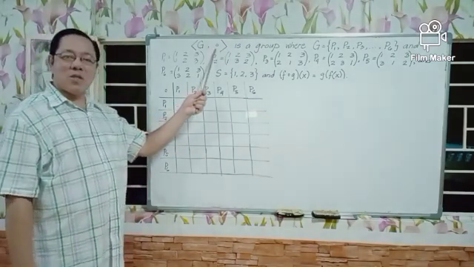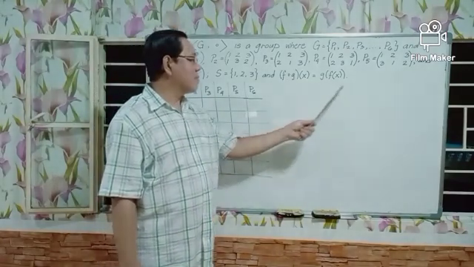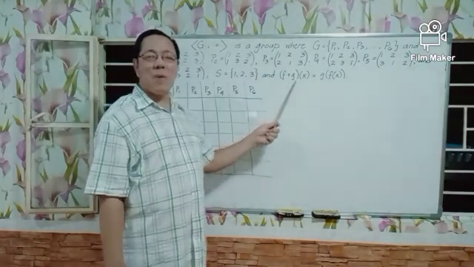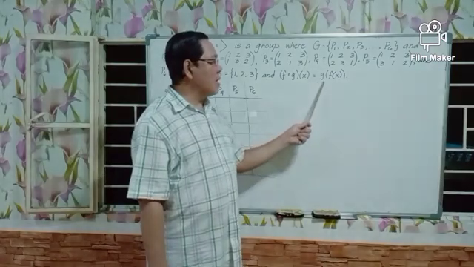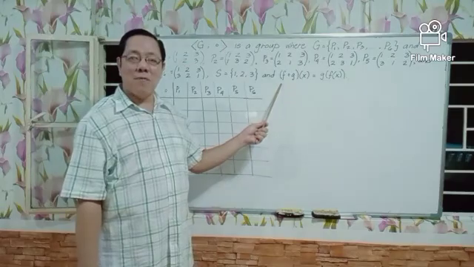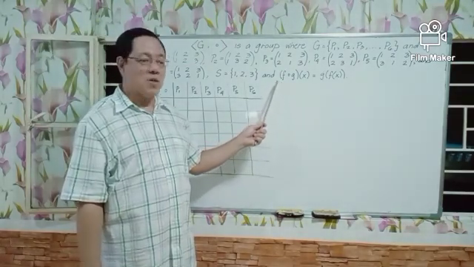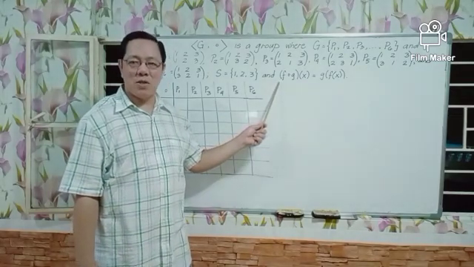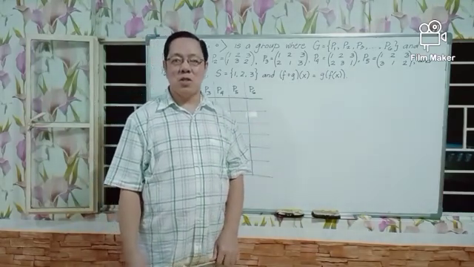The operation composition of function is defined by this equation. The composition of functions f and g evaluated at x is given by g of f of x, and the domain of the composition of functions f and g is the domain of function f, and the codomain of the composition is the codomain of function g.